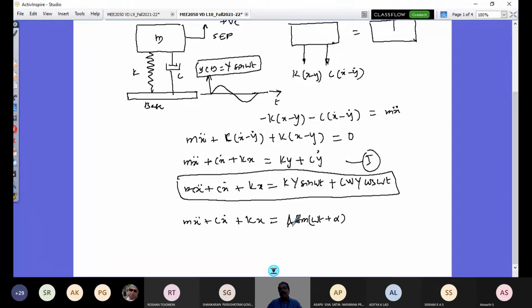So now here, this A is an amplitude. I'm writing these two, one sine function and cosine function, into a combined form that we have seen. We are not new to this. We have already seen that in our previous classes. So I'm writing with this phase angle difference.